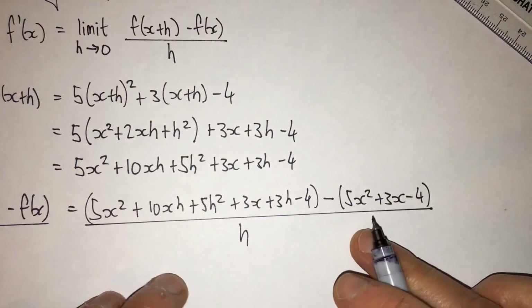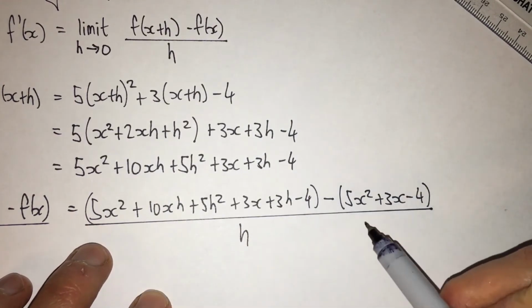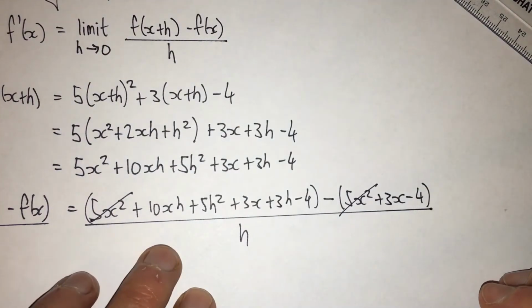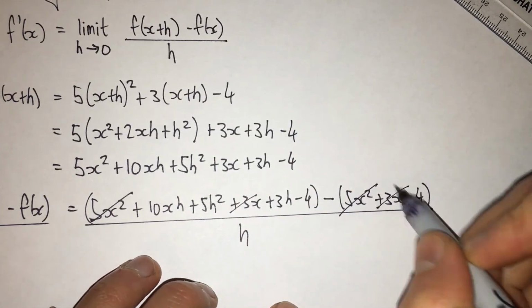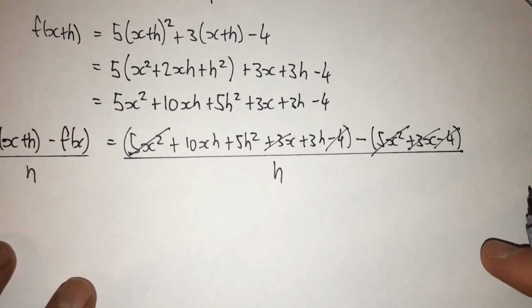And what we can see here is that some of these terms are being cancelled. So we've got 5x squared minus a 5x squared. We've got a 3x on this side and a minus 3x on that side, and minus 4 there, take away minus 4 there.